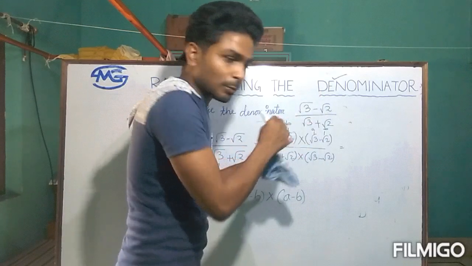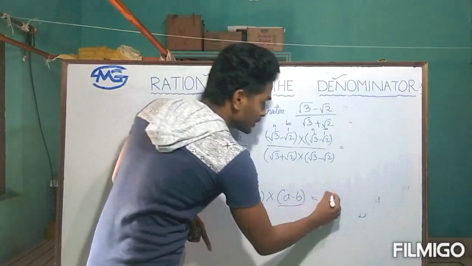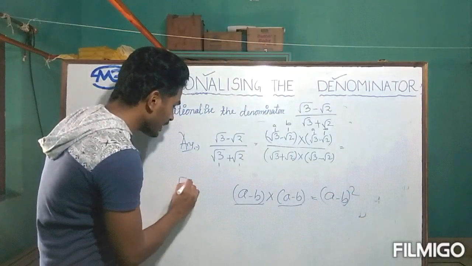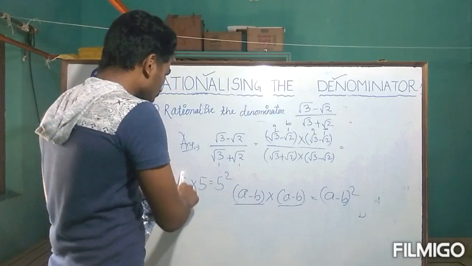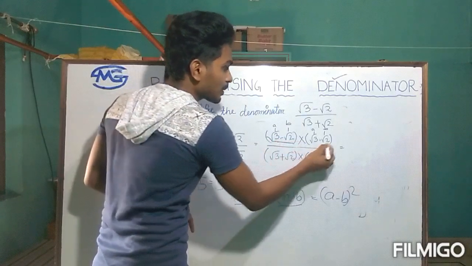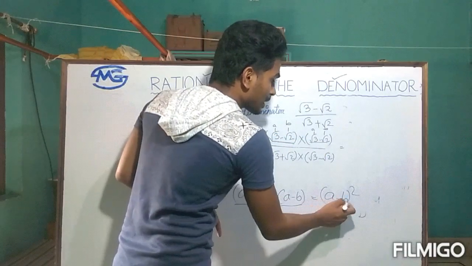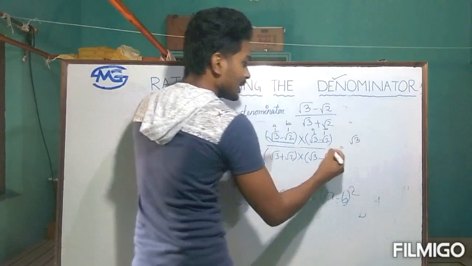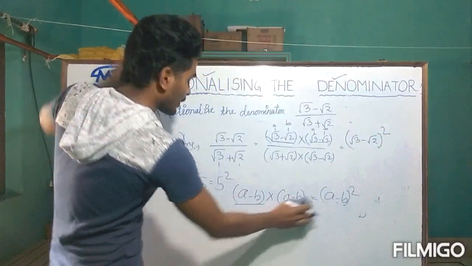These two terms are equal, so A minus B into A minus B is A minus B whole square. Like 5 into 5 is 5 square. So these two terms multiplied give A minus B whole square.